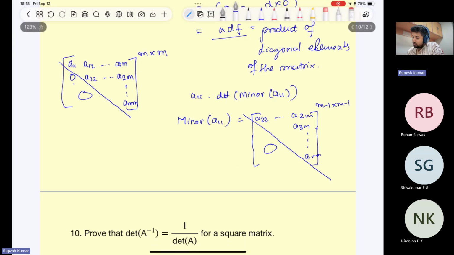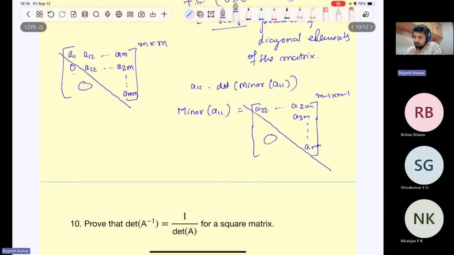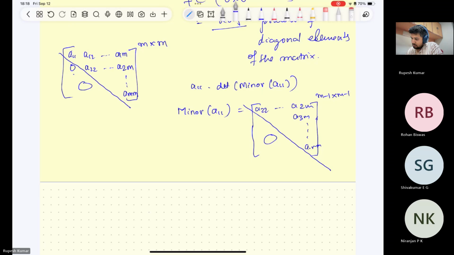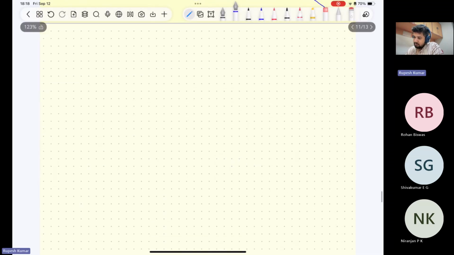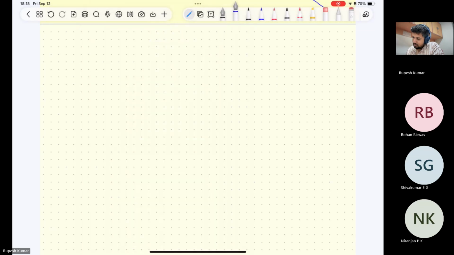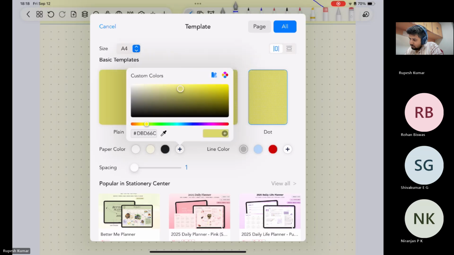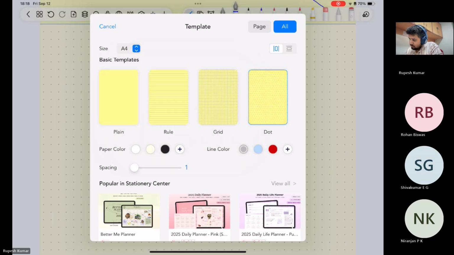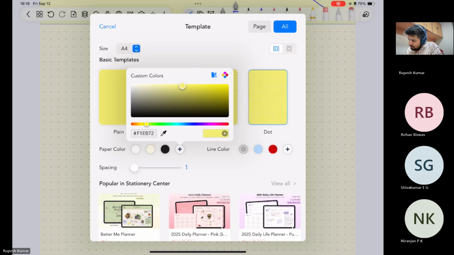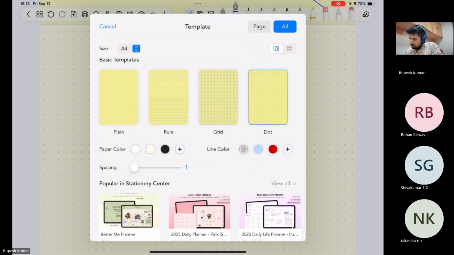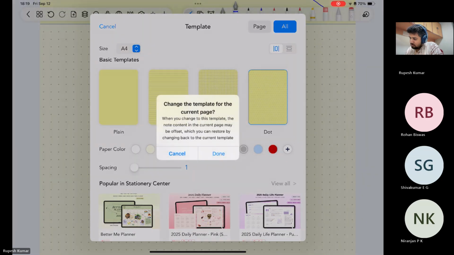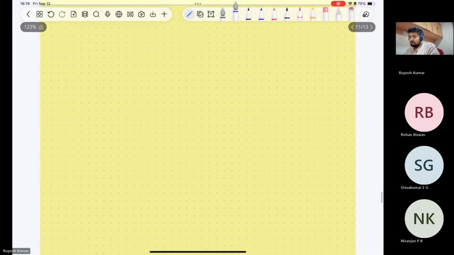So now you repeat this process, and let me add a page here. So we are here.